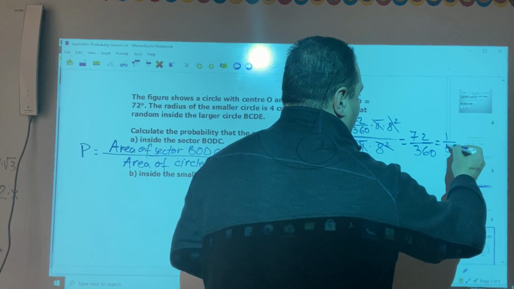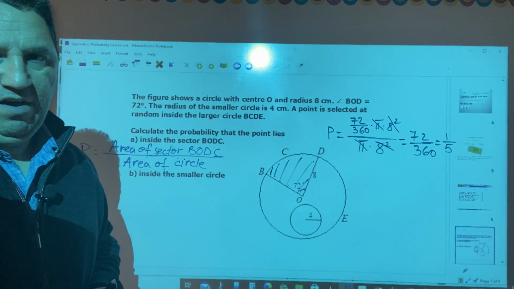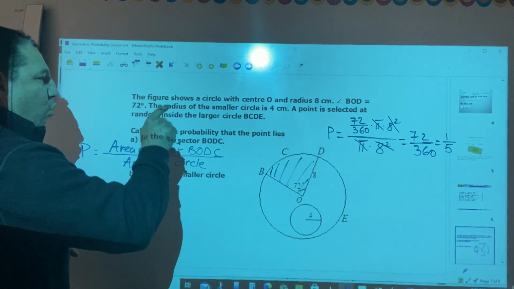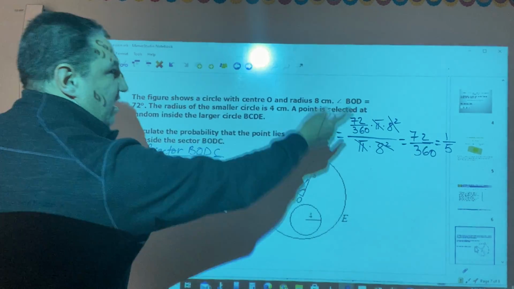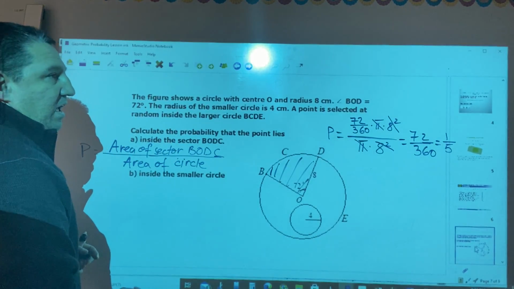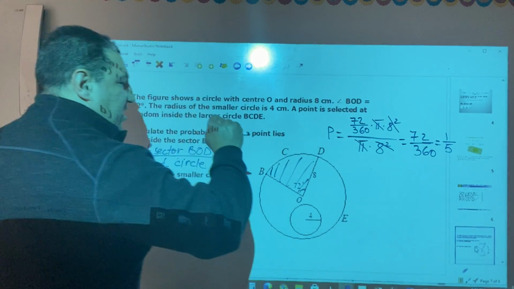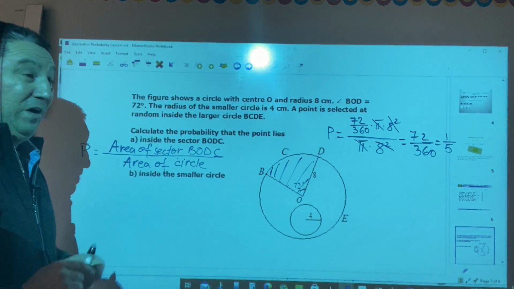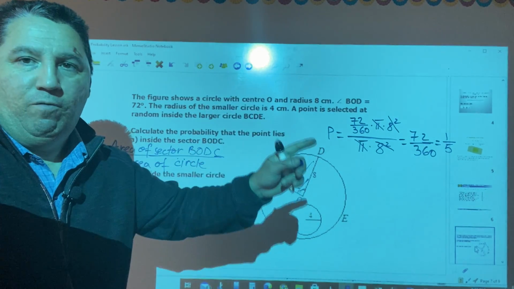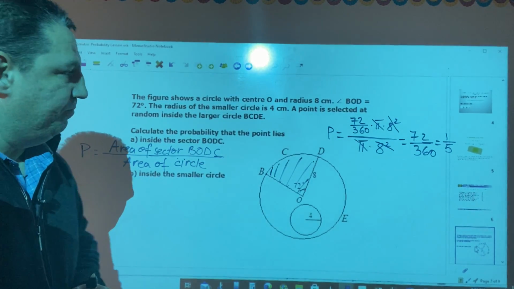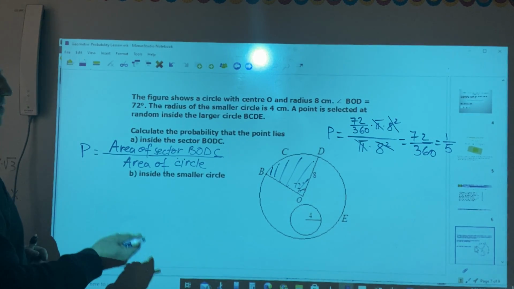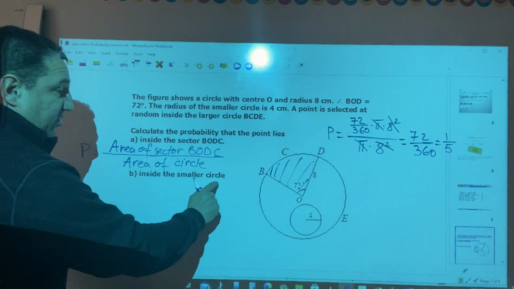So you're going to have at the end 1 over 5. Yes? So the probability of having a point chosen randomly in the circle BCDE that is on or inside the sector BODC is 1 over 5 or 20%. Now, let's find the probability of having a point inside the smaller circle.